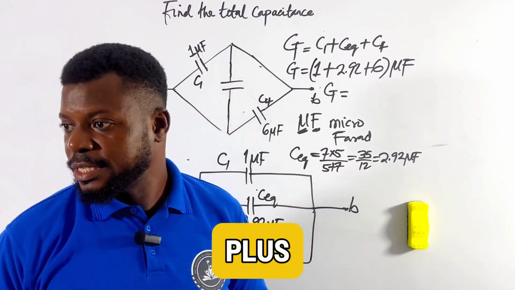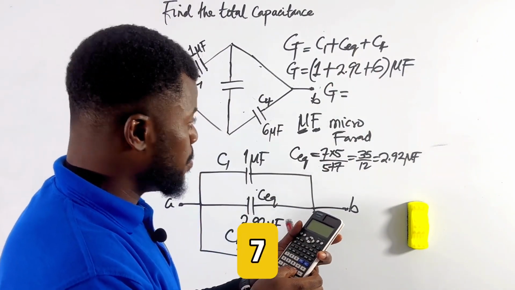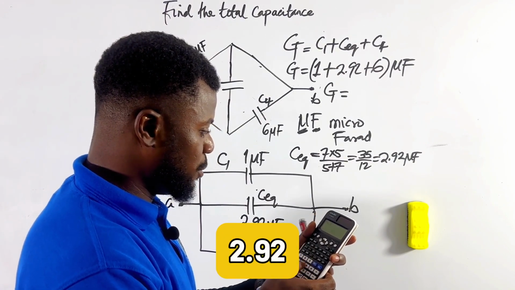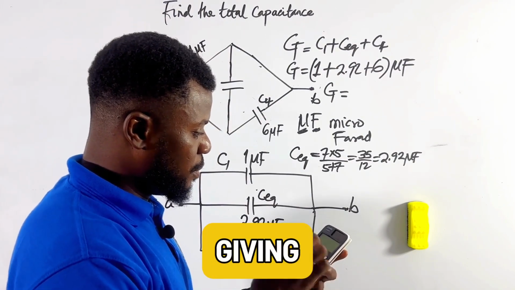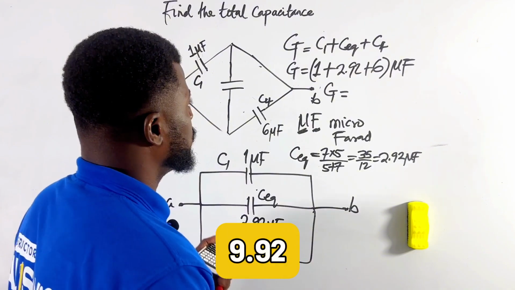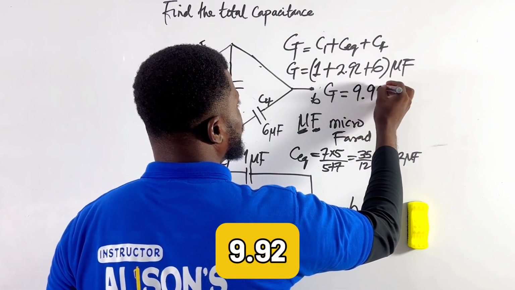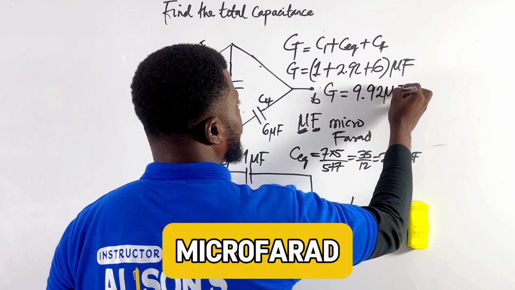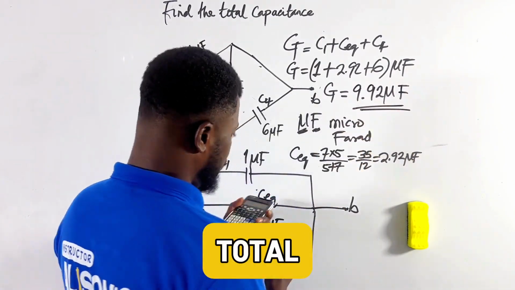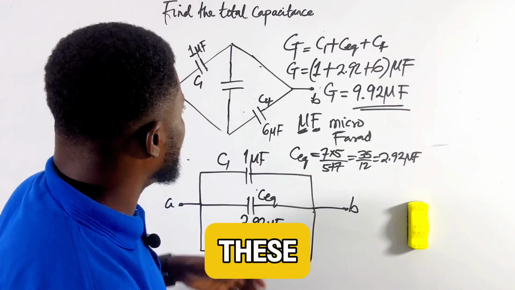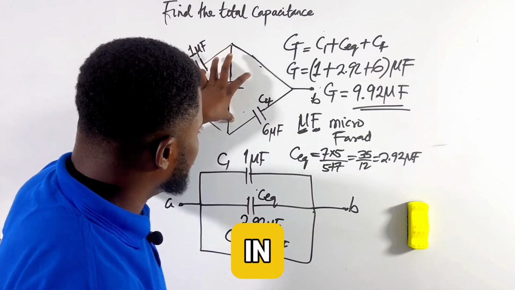So what is 7 plus 2.92? That is giving us 9.92. 9.92 microfarad. This is the total capacitance of these capacitors connected in this particular circuit.